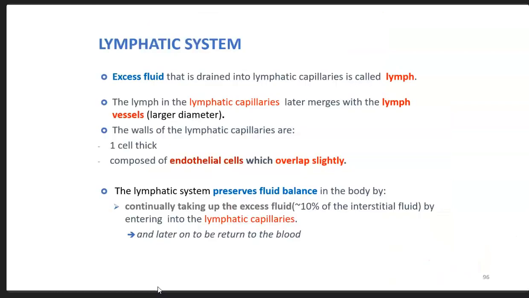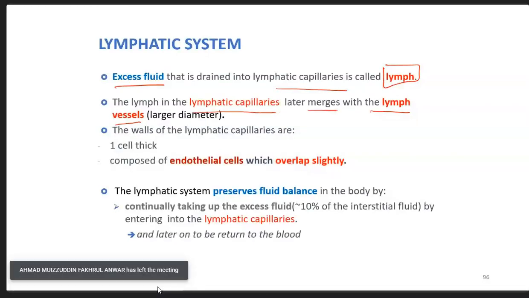The excess fluid that is drained into the lymphatic capillaries is now known as the lymph. The lymph in the lymphatic capillaries later merges with the lymph vessels, just like blood vessels. We have blood capillaries, and then we have blood vessels. Similarly for the lymphatic system, we have lymphatic capillaries that later merge with lymph vessels.